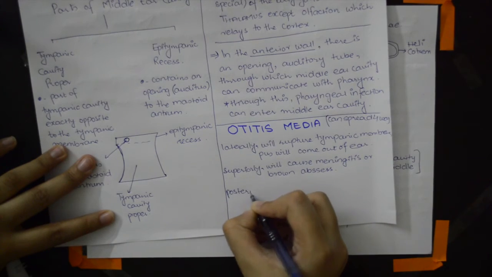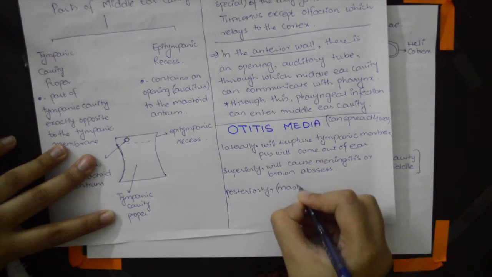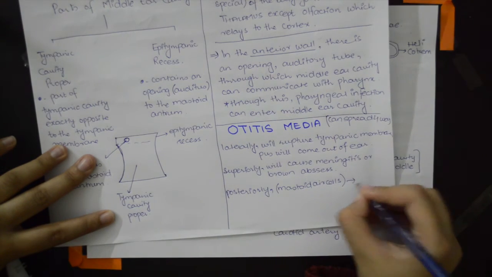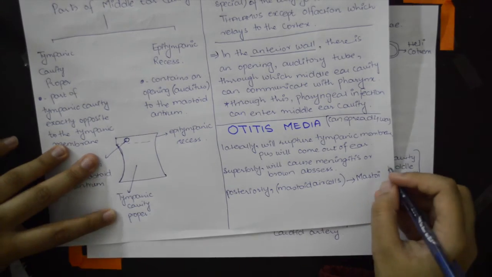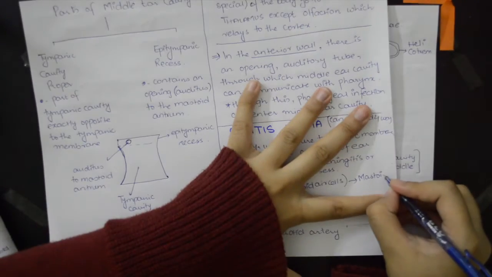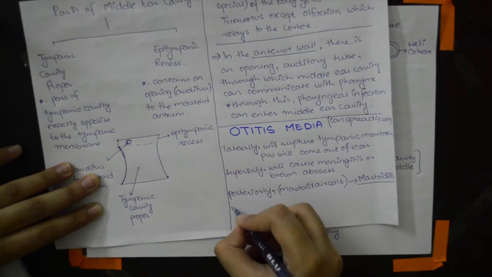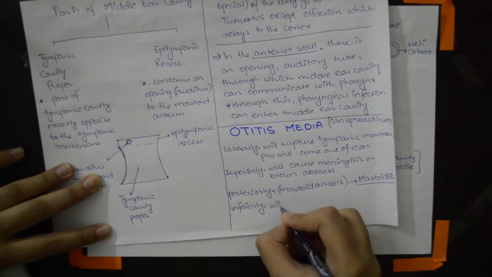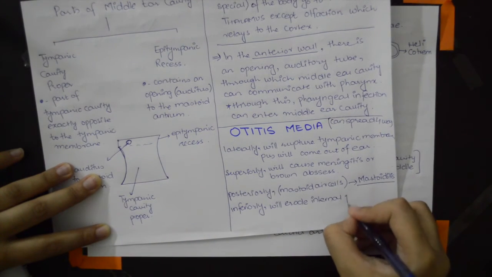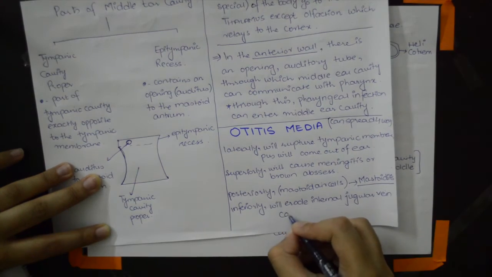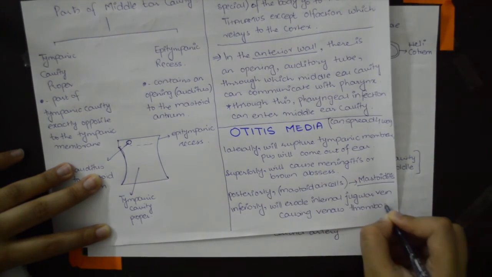If it's posteriorly, then the mastoid air cells are involved, so it can cause mastoiditis. If inferiorly, it will erode the internal jugular vein, causing venous thrombosis.